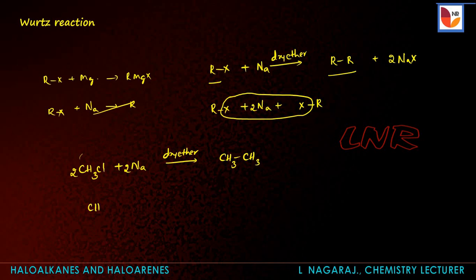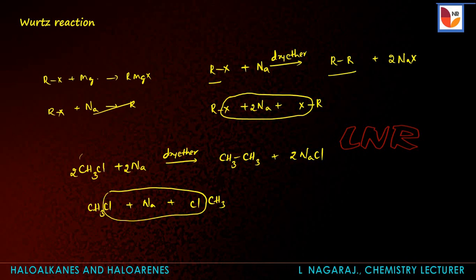That is, CH3Cl plus sodium plus CH3Cl. The 2 halogen atoms are eliminated along with the sodium, so it gives 2 moles of NaCl, sodium chloride.